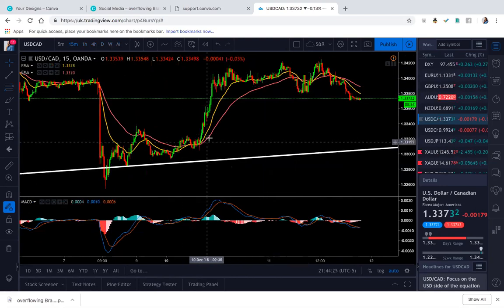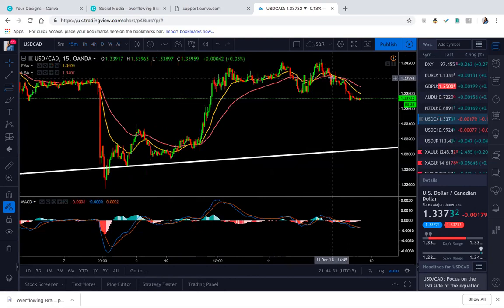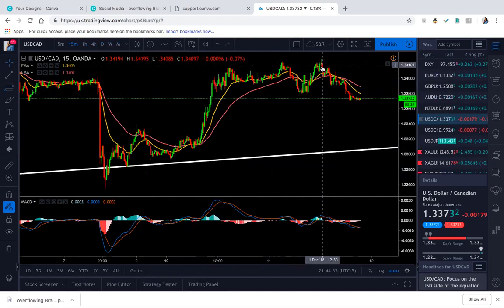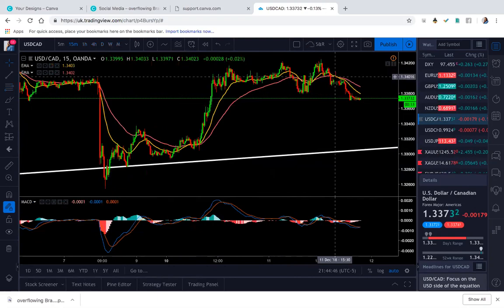Now, looking at how this trade would have come back here, this is on the 15-minute time frame. Notice that you had an impulse, you had a flag. You had a further impulse, you had a flag. Now, in that second flag, the moving averages crossed.